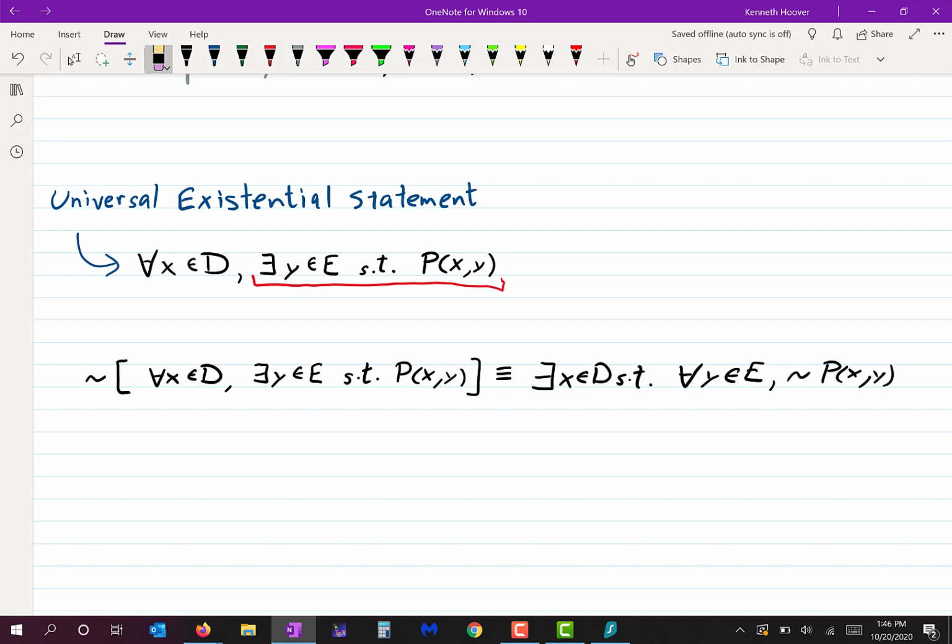Okay? So that would be like saying there exists a real number such that, let's call it x, for all real numbers y, x plus y does not equal 0. Of course, that statement is a false statement, but nonetheless, it would be the negation of the original statement.